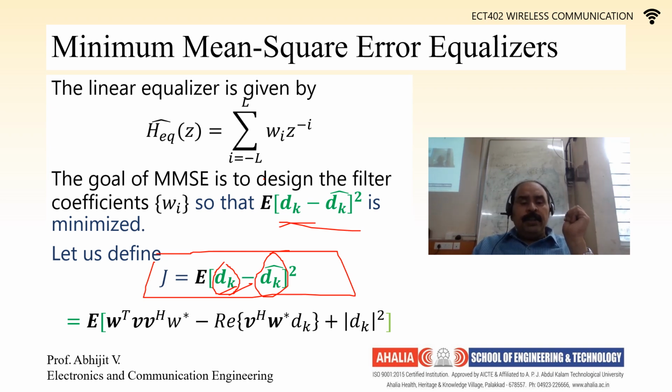We know that we have W and V here, and this is the output of the equalizer, right? Yes or no? This is the output of the equalizer, which is the real part of V. We take it as a Hermitian matrix, W Hermitian V.